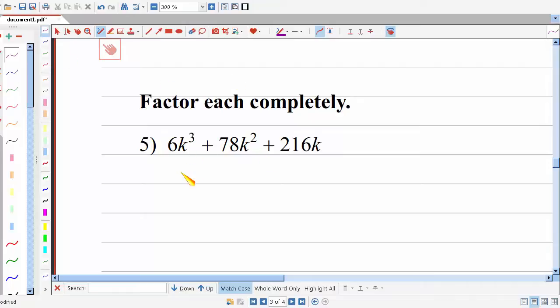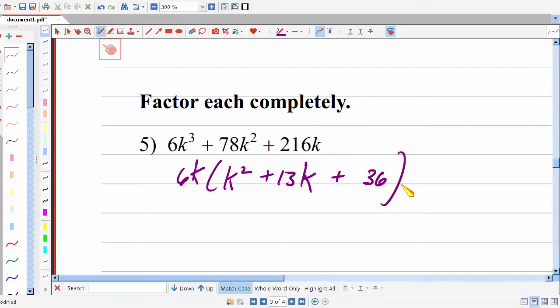So this one, I can see that I can factor out a 6k. Let's see, I think it's 13k. And then, so if I divide 6 out, I get 336.